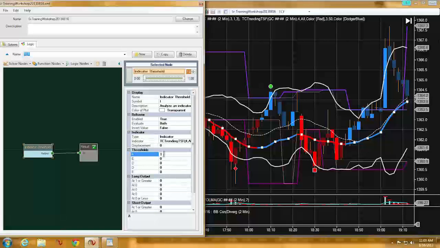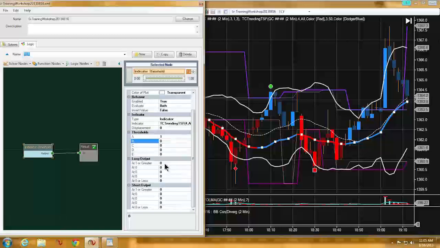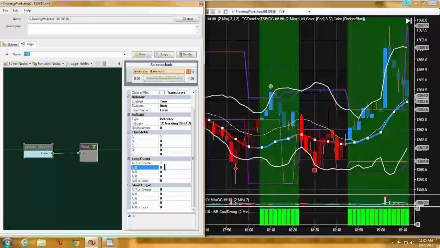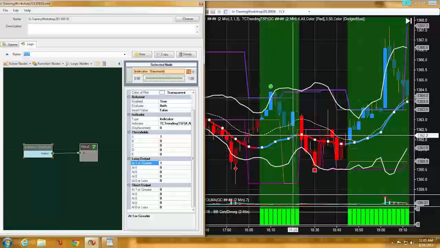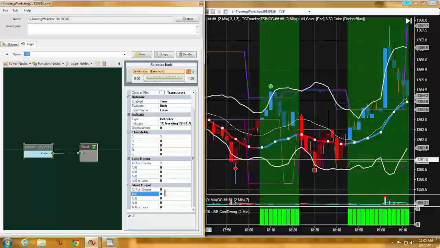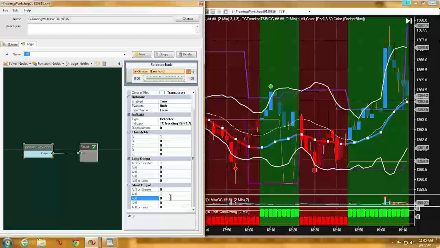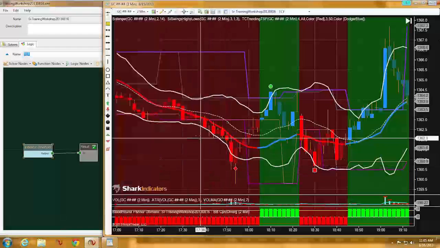True would be 1, false would be 0. Let's see, we'll go with true being an uptrend, I'm guessing. Yep, so there we go. When that bool series is in a true state, it's identifying that we're in an uptrend, the blue line. And I'm sure that that's false. Yep, it's in a downtrend.